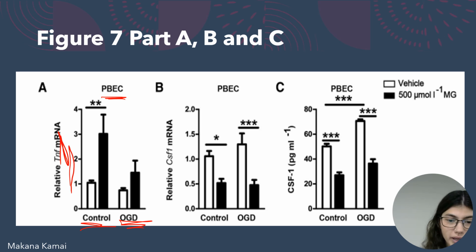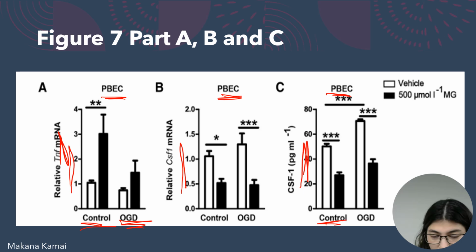You can also see this right here in figure B, where MG reduced mRNA levels of colony stimulating factor 1, or CSF1, and the release of CSF1 from PBECs here. You can see that the control and the OGD is less here and here, yet increased here and here.